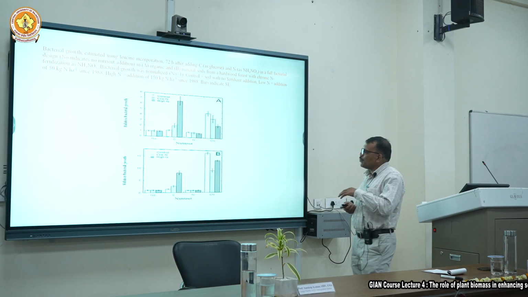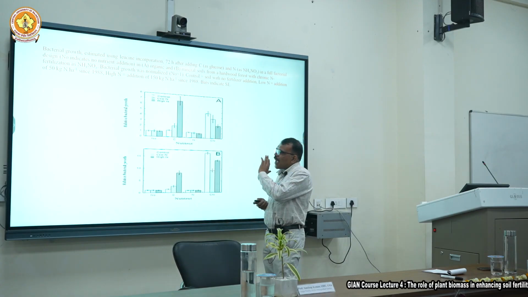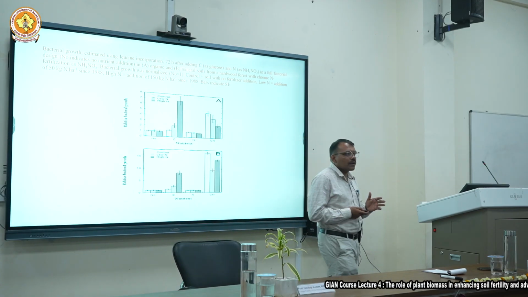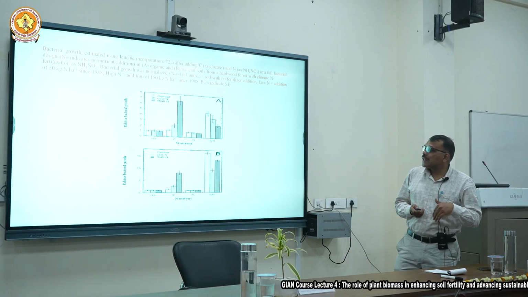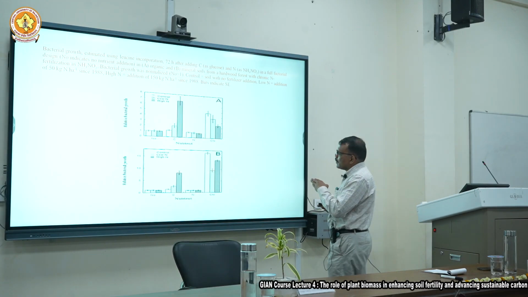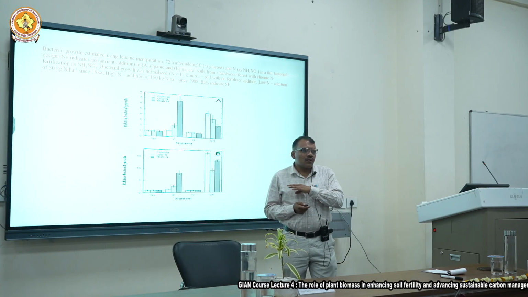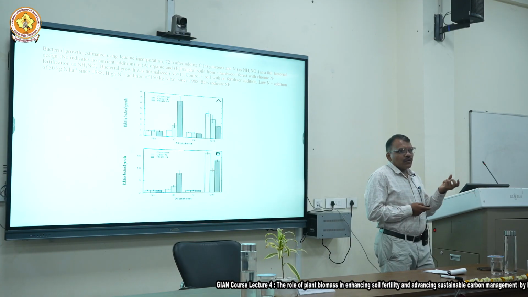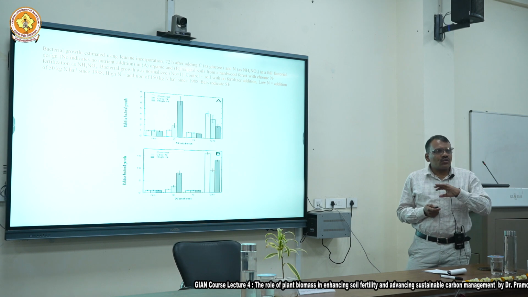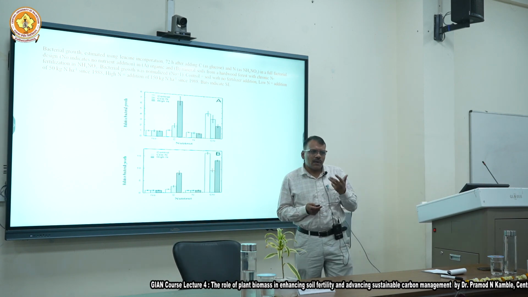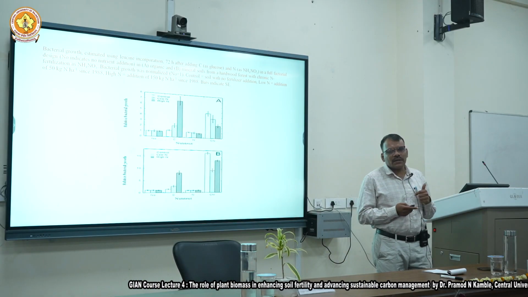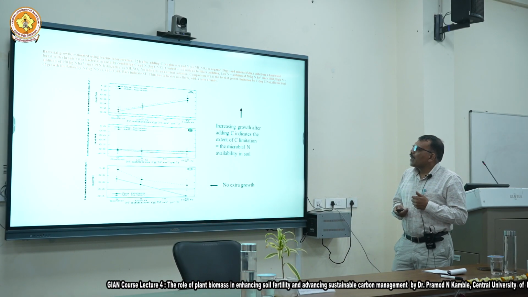So we have to understand here that the primary limiting factor for bacterial growth in high nitrogen or different latent status soil is carbon, and secondary is nitrogen. In the case of soil bacteria, simultaneous carbon and nitrogen nutrient limitation works in a superior manner. We have to understand that particularly.